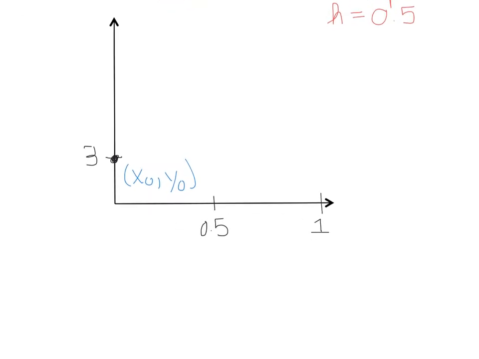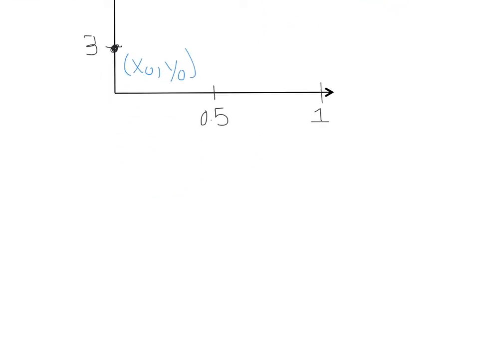Okay, so, all right, so let's begin. All right, so we know that x0, y0 is 0, 3. So first, we're going to find our next y value. We know our next x value, we just need the y that goes with it.